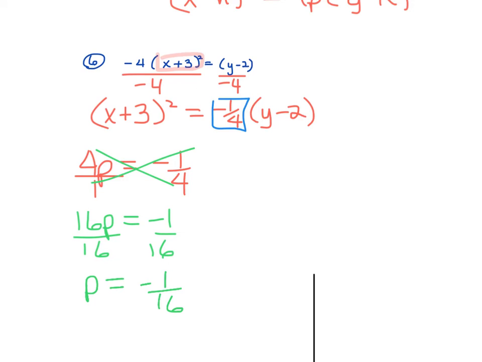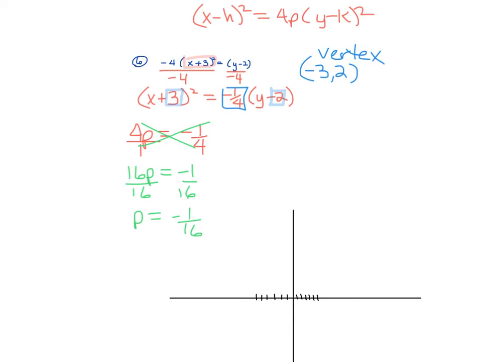Now let's also pull the vertex out. So the vertex, here's my h, here's my k. So my vertex is going to be at -3, +2. We could graph that.